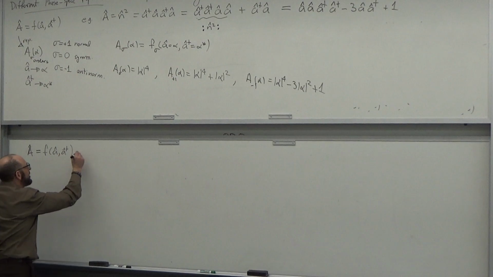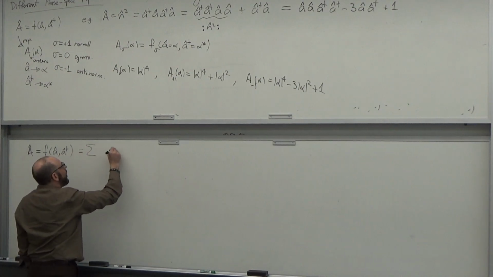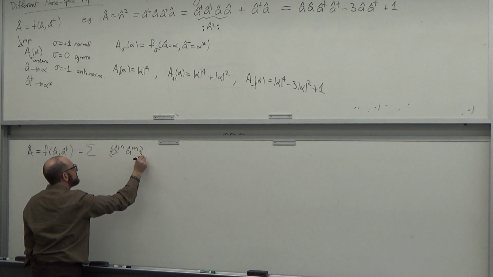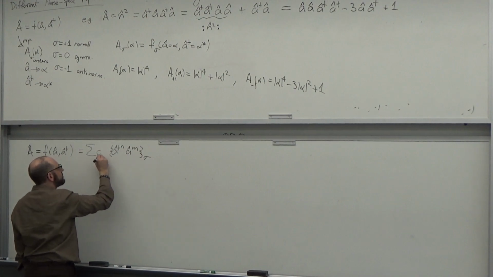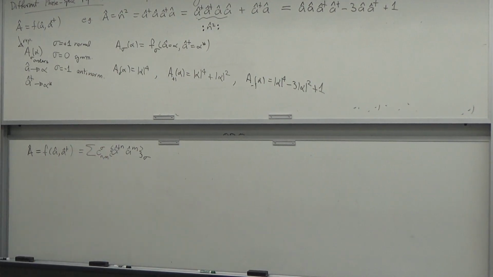This function can be written in a power series in ordered products of A and A dagger. Let me just make sure my notation is what I want here. Yeah, it is what I want.